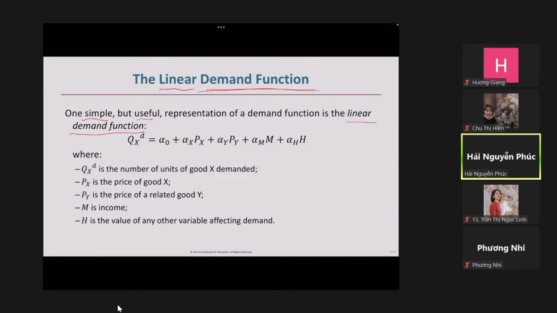Suppose we have QdX, the quantity demanded for good X, and we can see that there are 4 variables that affect the quantity demanded for good X, namely Px, Py, M, and H. Right? We have Px, the price of good X, Py, the price of a related good, good Y, M, the level of income of people, and H, another variable, something like advertising, and so on.